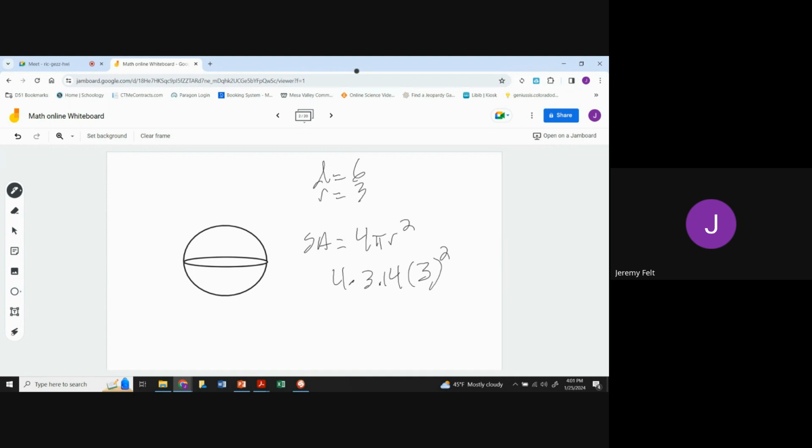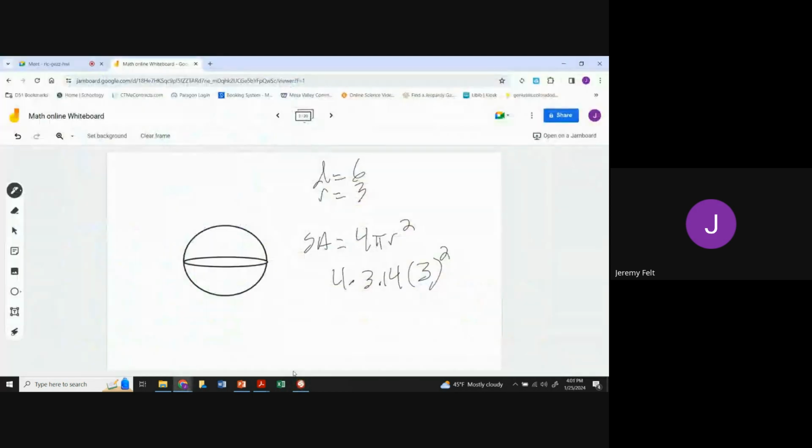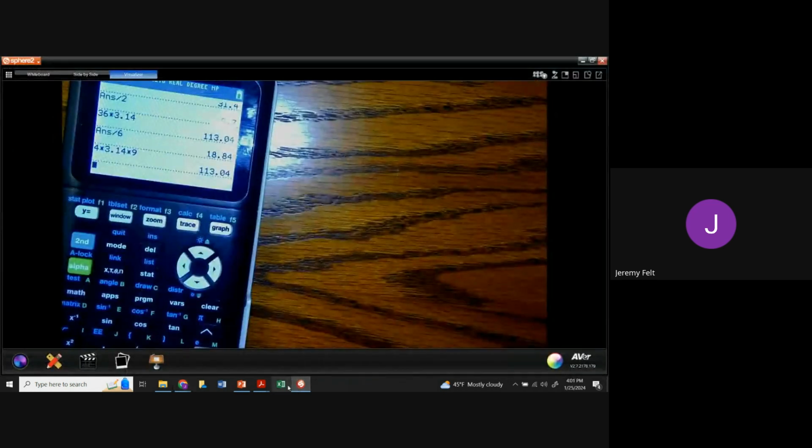So we do 4 times 3.14 times 9, and we get 113.04 square centimeters. And if we wanted to round it to the nearest, this would round down to 113 square centimeters. Again, surface area, so it's still our square units. When we get to volume of a sphere, it's obviously going to be 3-dimensional, and we'll be using cubic units.